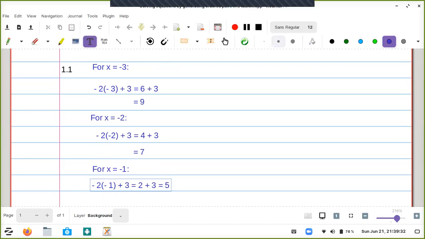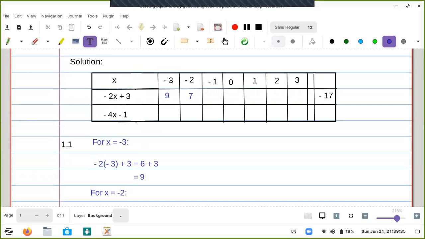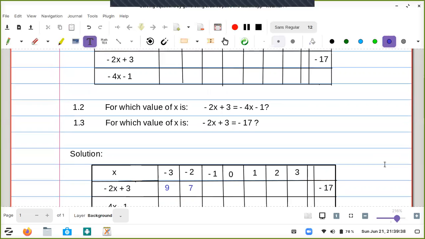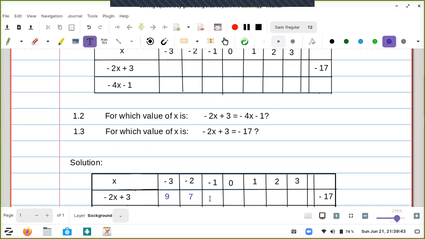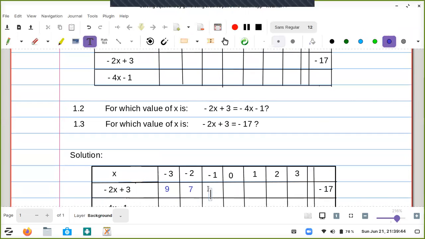Right, so then it seems I'm coming up with a pattern here. The numbers that I'm having here, they are in a pattern. If you can just see, it's minus 3 up to 3. There's a difference of 1, 1, 1, 1, 1, 1.